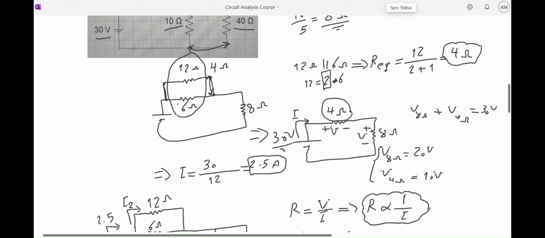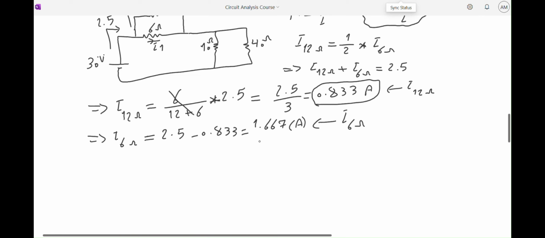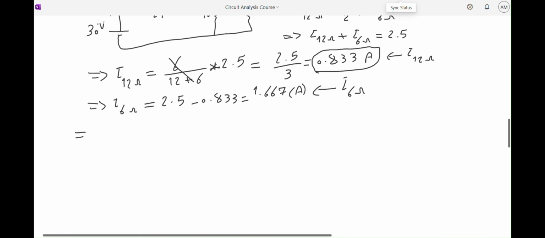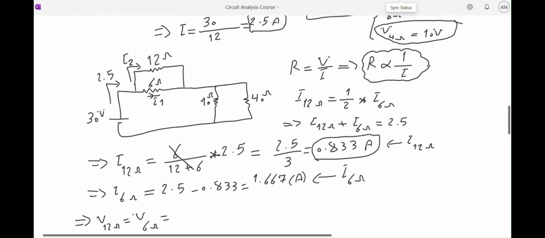And the potential is the same potential across the 4 ohm resistor, which I just figured out. It was 10 volts. So I know the voltage across 12 ohm equals the voltage across 6 ohm, and it's 10 volts.